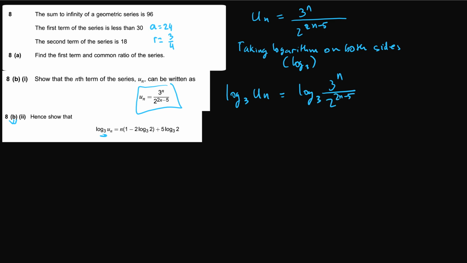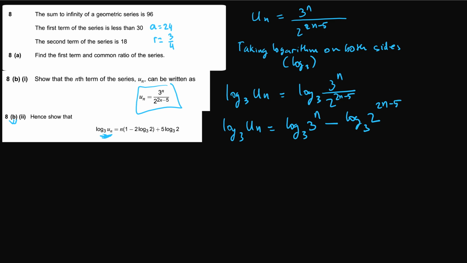So log a over b is log a minus log b. So left hand side remains as it is. So no problem there. So log to the base 3 un is equal to log to the base 3 of 3 to the power n minus log to the base 3 of 2 to the power 2n minus 5.